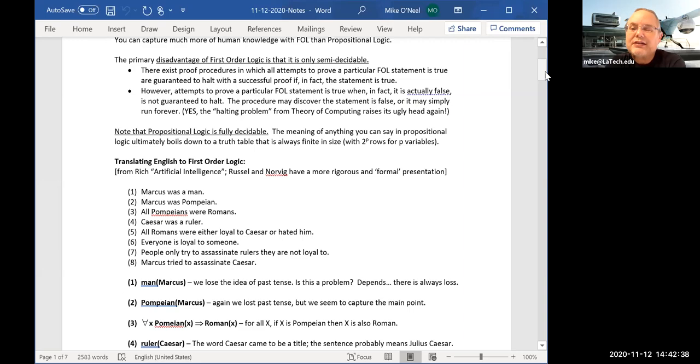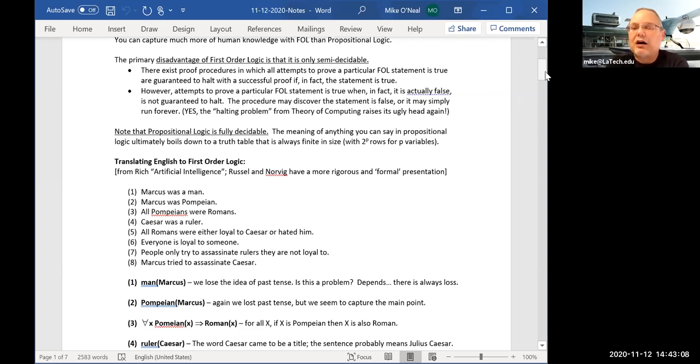Does that make sense? So when I start out on a proof and I try to prove something, it could get stuck in an infinite loop, but only if the thing that I'm trying to prove is actually false. And if I don't know it first, well, let's try to prove it true and let's try to prove it false. Both of those may halt.